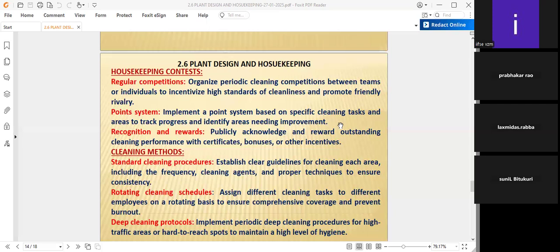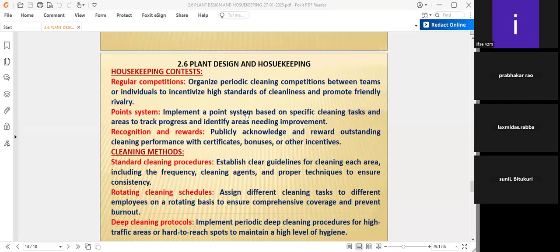Cleaning is in one place and the destination point is different, so all the way he has to carry it. During carrying, spillage will definitely occur, spill control will not be taken care of, and the cleaning is left unattended. Accidents and near misses will definitely occur, and thereby the company image will be damaged. That's why the point system is very important.